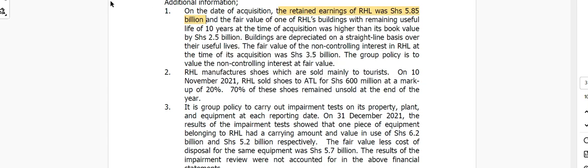Then we also have some additional information on the date of acquisition. The retained earnings are these. These earnings, we use them when it comes to the computation of goodwill.